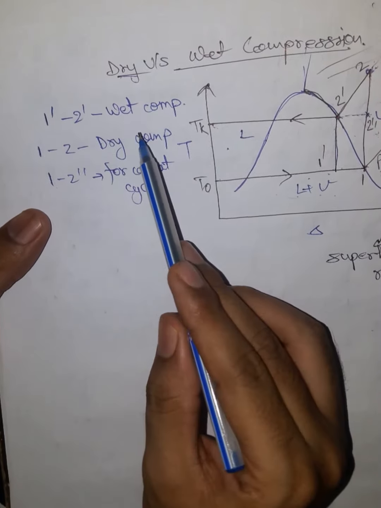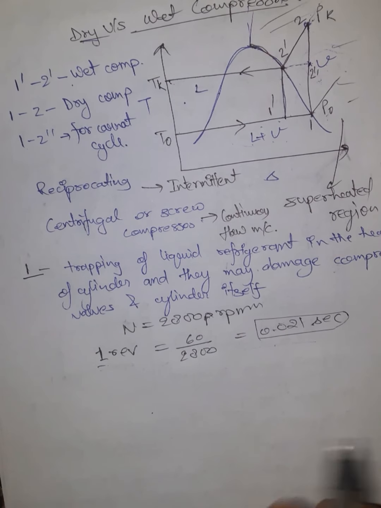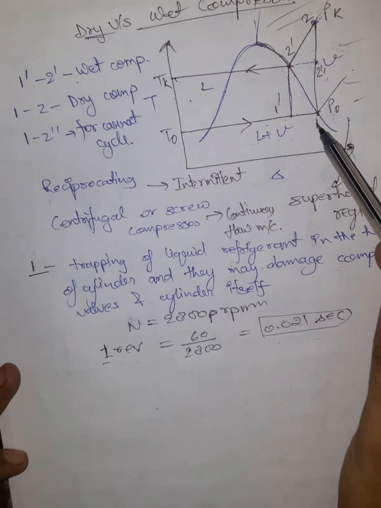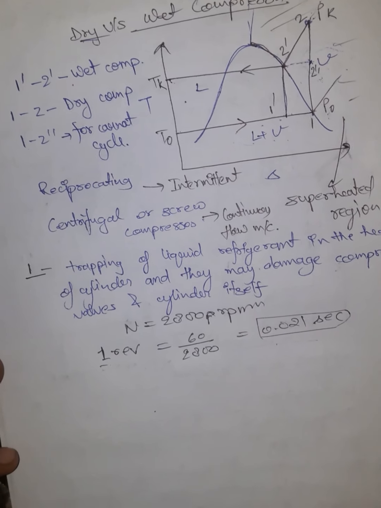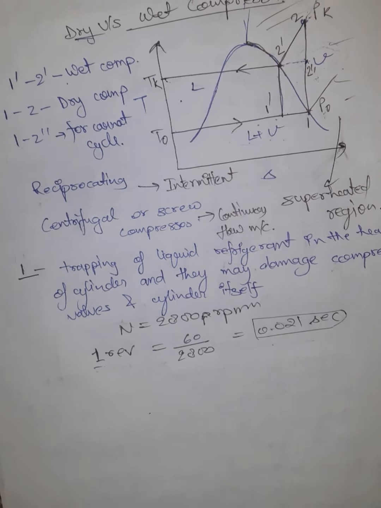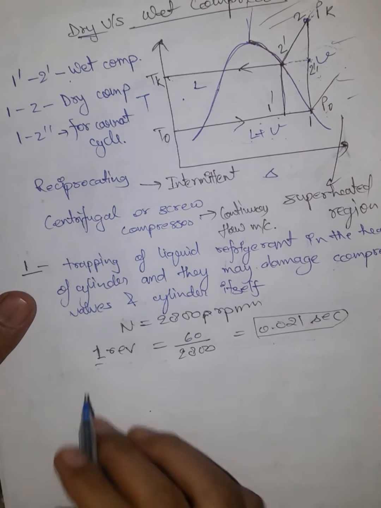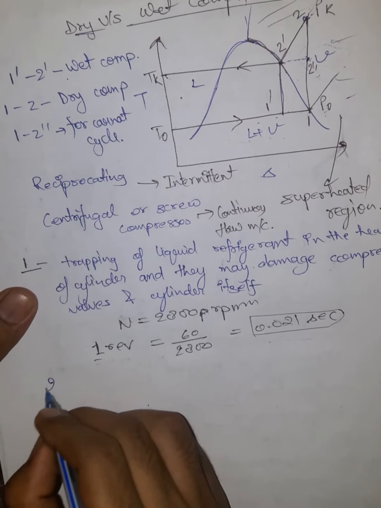Now as we have noted here, the compression process is quite fast, so the time taken by the compression process is very much small as compared to the time needed for the evaporation of droplets in this process. So there is always the chance that the liquid would be trapped in the head of the cylinder, and definitely it will damage the compressor and the other components.